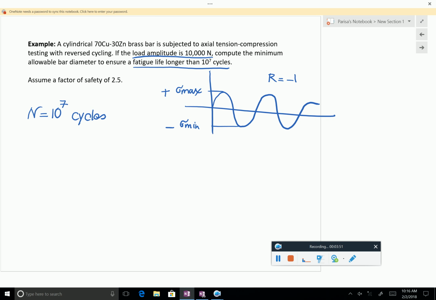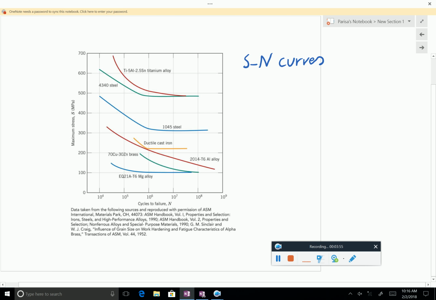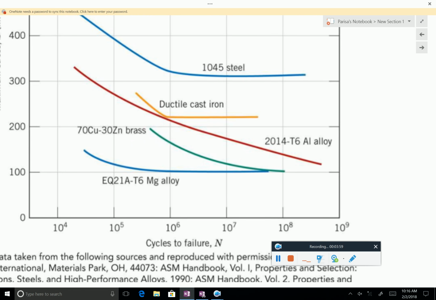So what you need to do is go back. First, find out the curve which corresponds to this material, which happens to be this green curve that you have here. And you want to have the fatigue life of 10 to the 7.